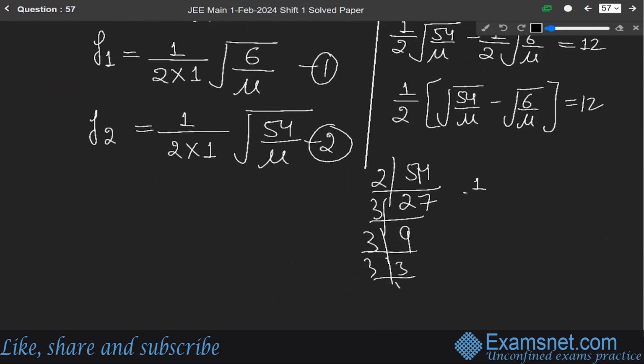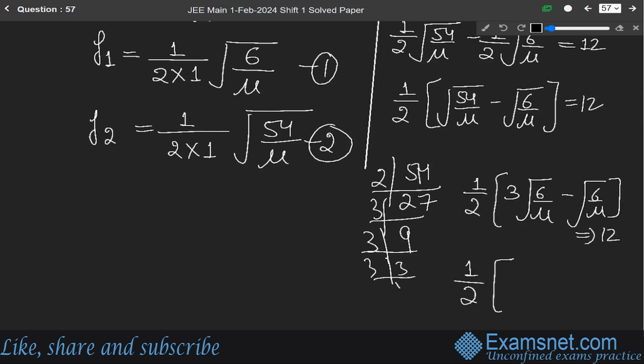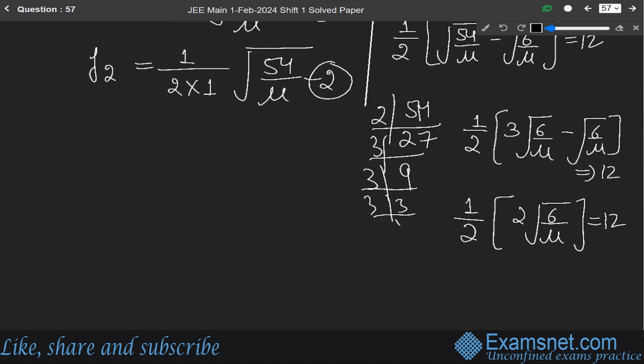So it will be equal to 1 by 2, 3 under root 6 over mu minus under root 6 over mu, equal to 12. So it will be equal to 1 by 2 into 2 root 6 over mu equals 12. Okay, so 2 cancels. So root 6 over mu means 12.